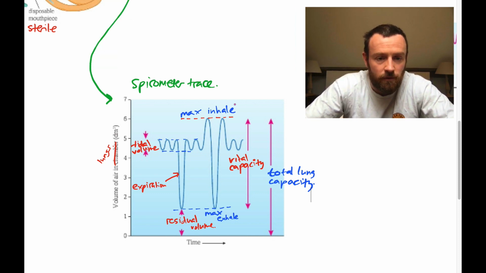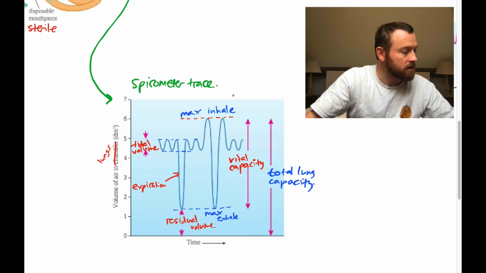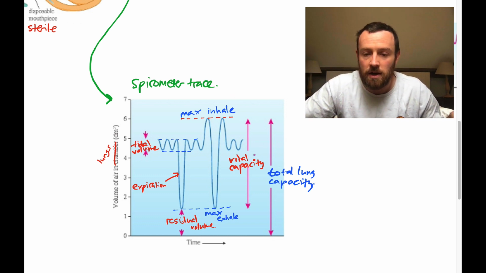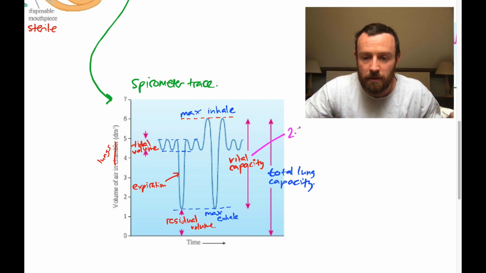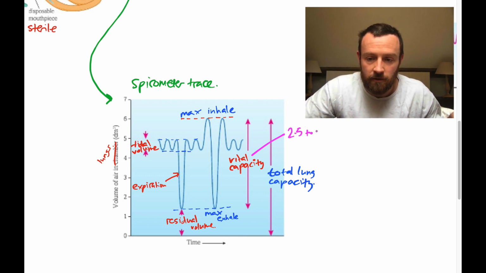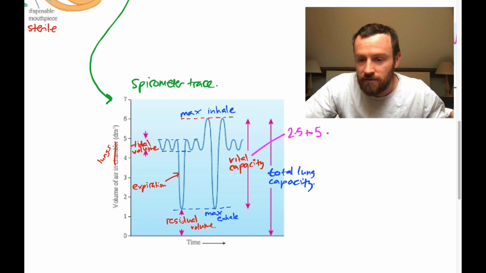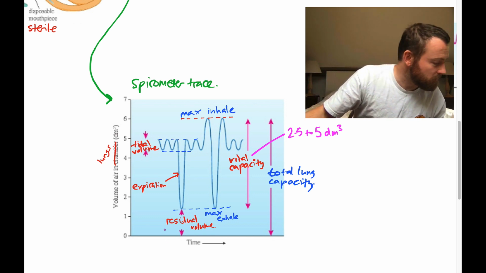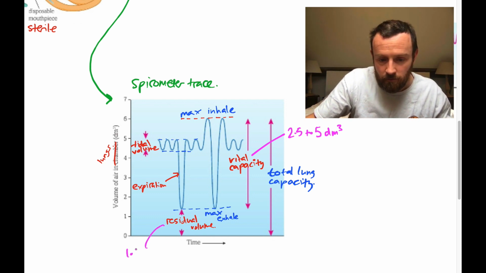Let's go to a different color. Okay. So vital capacity. What is this? So this is typically between 2.5 to 5 dm cubed, or liters, okay, dm cubed. Residual volume is around about 1.5. And of course these figures vary.